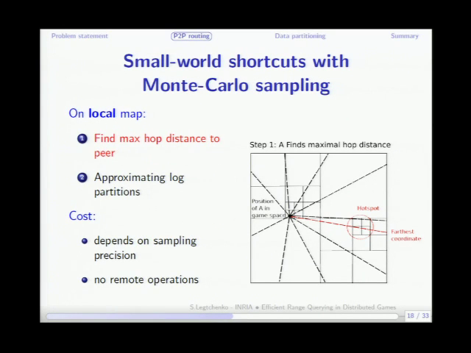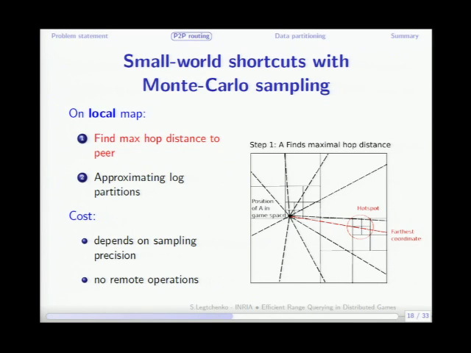Then this technique is used to sample the map in order to find the coordinate that is the farthest from the peer's coordinate in terms of hops. The map is sampled with a system-defined number of samplings, and each time it takes a sample, it estimates the hop distance to the sample.